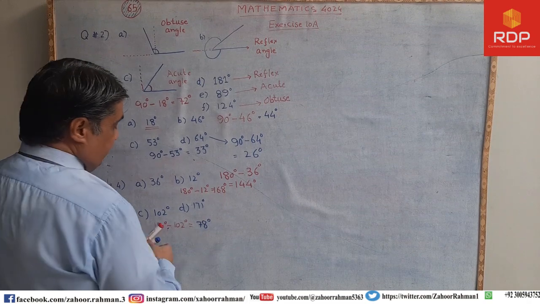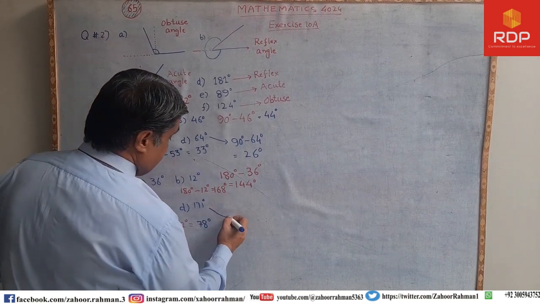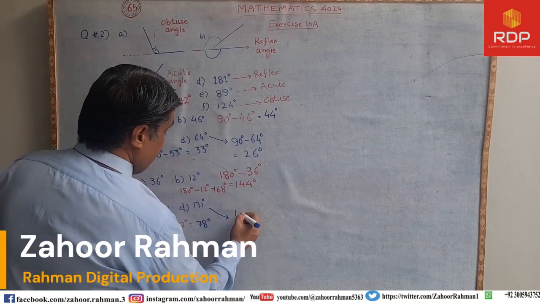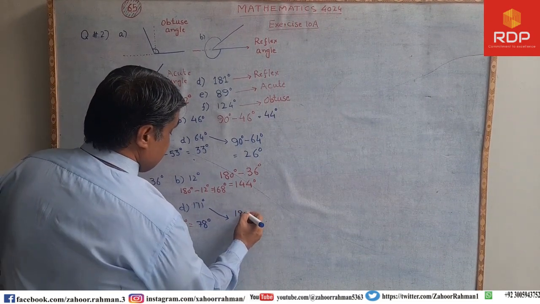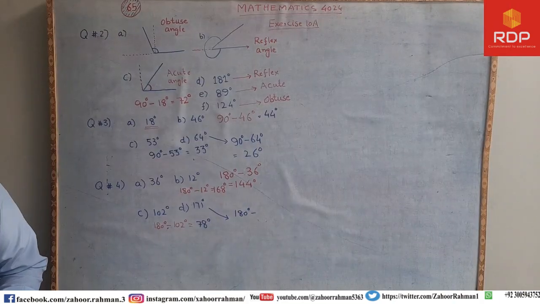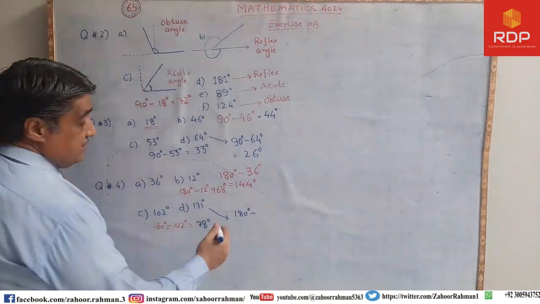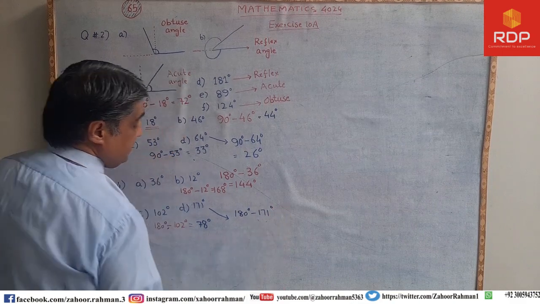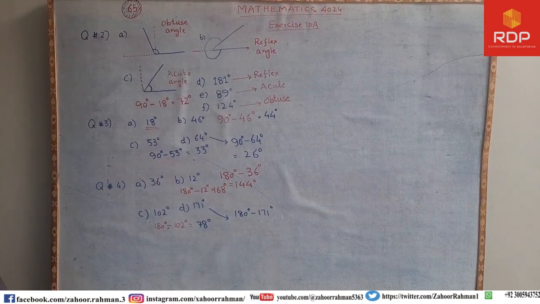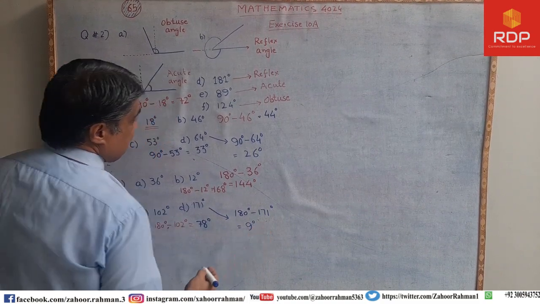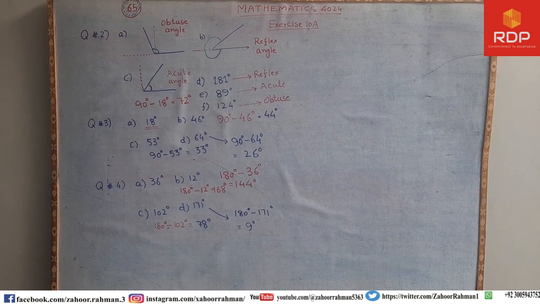Now the final question for today is this 171, not 17. If we subtract 171 from 180, 9 degrees will be the supplementary angle of this.